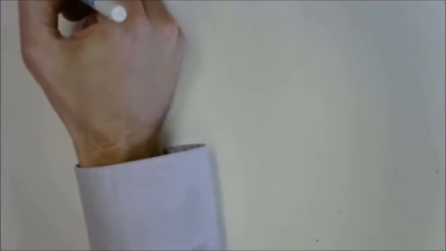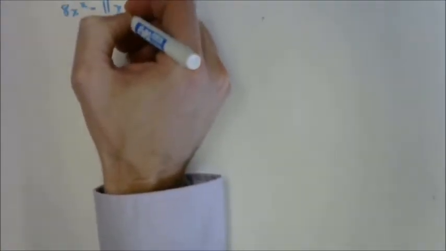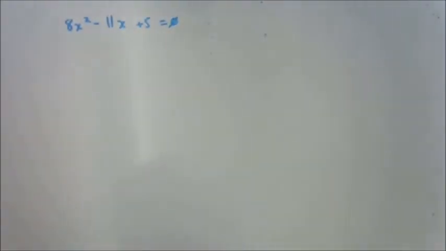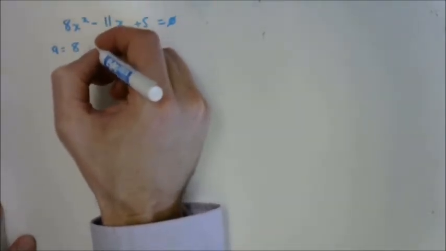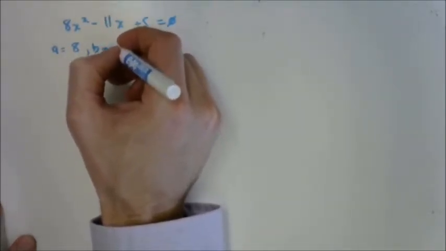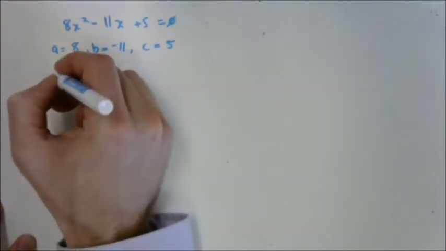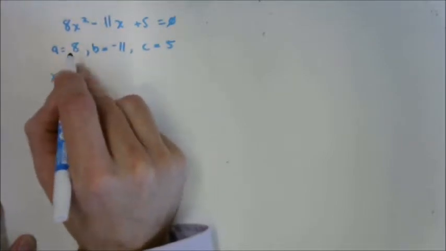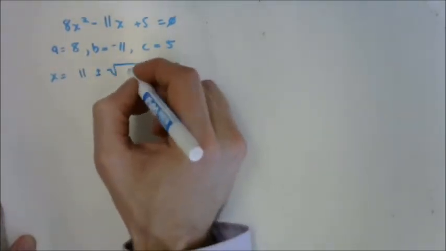Example B gives us 8x squared minus 11x plus 5 equals 0. And again, we're going to note our parameters. We've got a equals 8, b is negative 11, c is 5. x equals negative b, which is positive 11, plus or minus the square root of b squared.